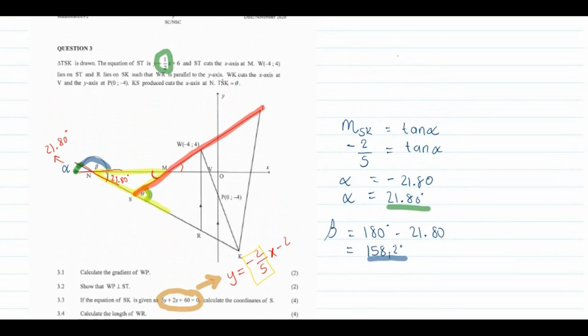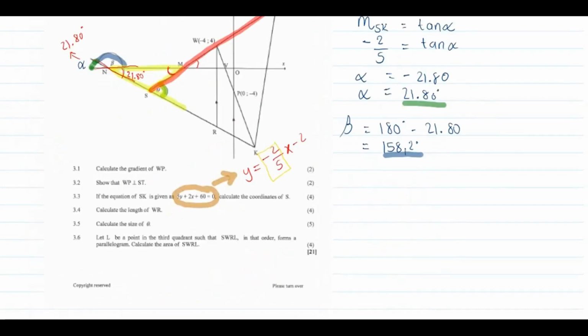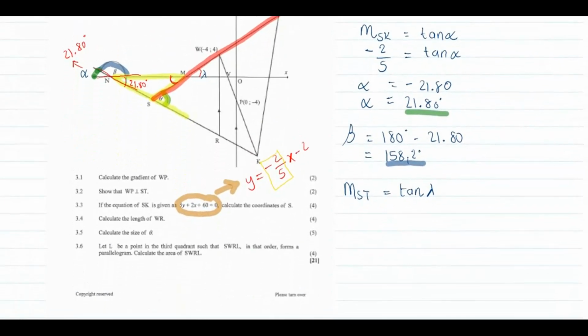So when we're working with an inclination of a line, we use the rule: the gradient m of ST is equal to tan of, I'll call this lambda, tan of lambda. And we know that the gradient of ST is equal to a half. So we substitute that into our equation, and that is equal to tan of lambda.